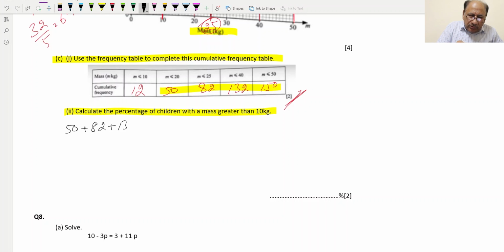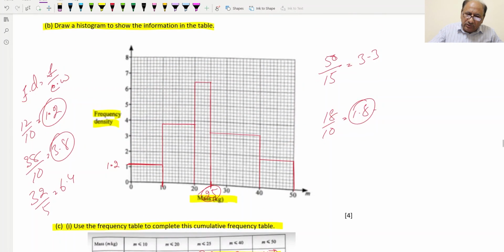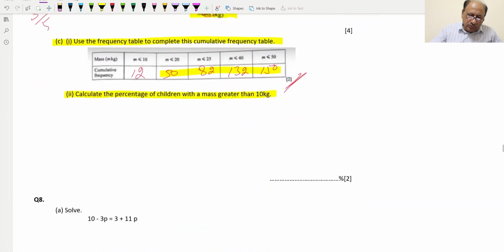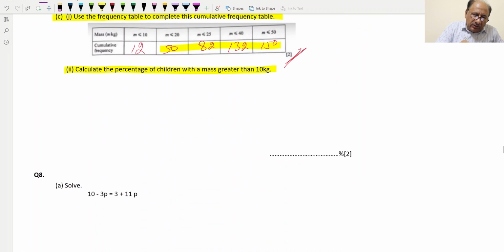We have to add basically up to this one, so 12 or lesser than that. So directly 150 minus 12, and this will be equal to 138.